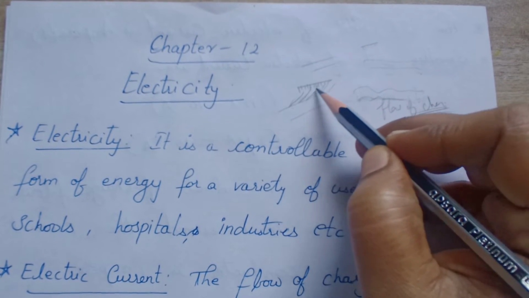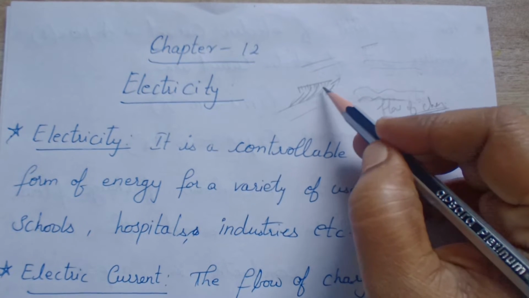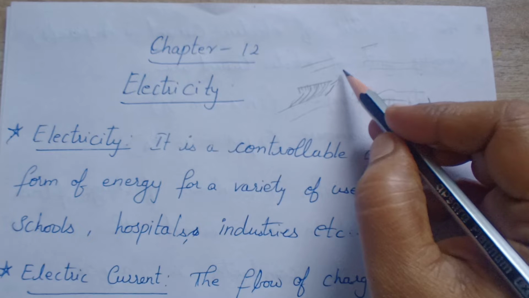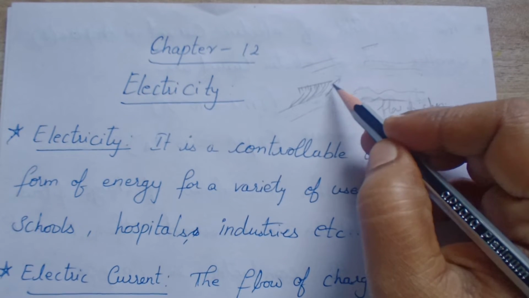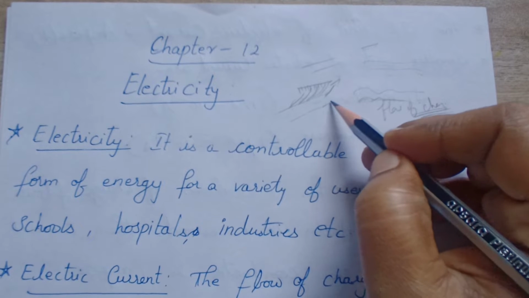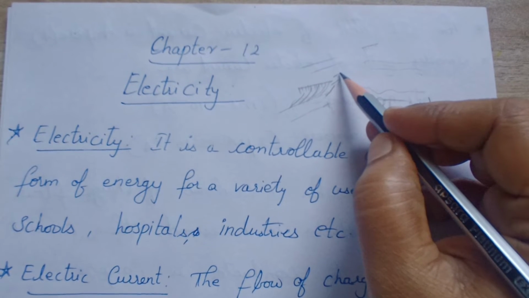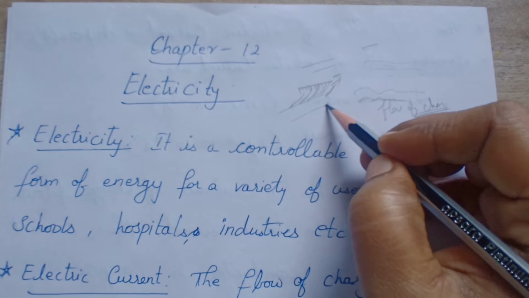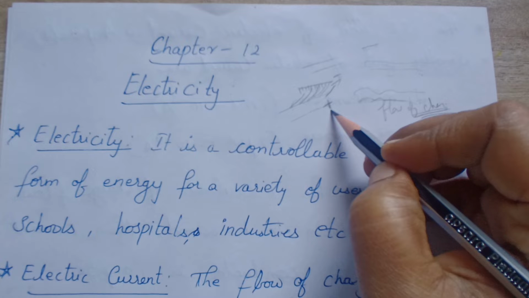When you rub over here, some of the electrons from here will move to the comb. So if electrons are moving, here it becomes positive, and the comb gets a negative charge, since more electrons are there.